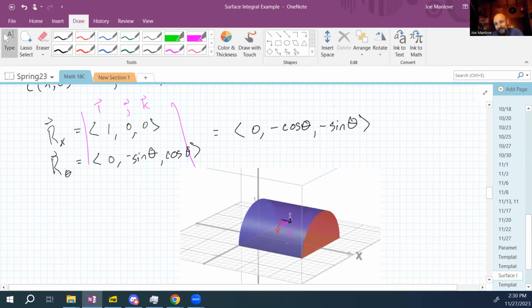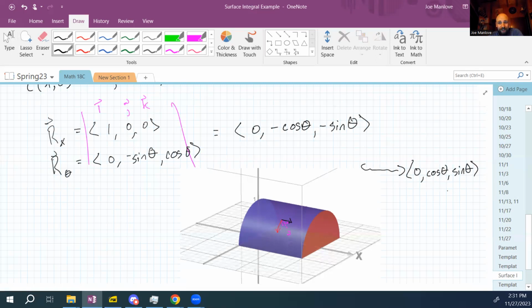I should have crossed them in the other order. So what this means is that the vector I was looking for was 0, cosine theta, and sine theta. I'm just going to revise my negative sign out of that. Cool. All right, now we've got some integrals to do.